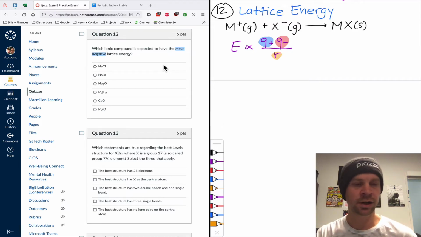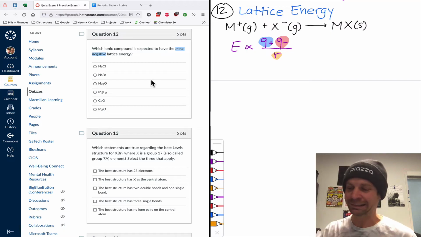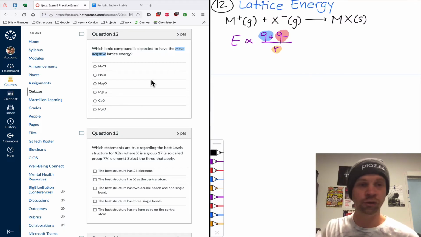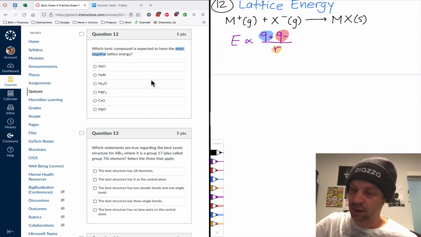Now let's take a look at the compounds we're dealing with and make a list of them and get a handle on the charges and the relative sizes of the ions involved.